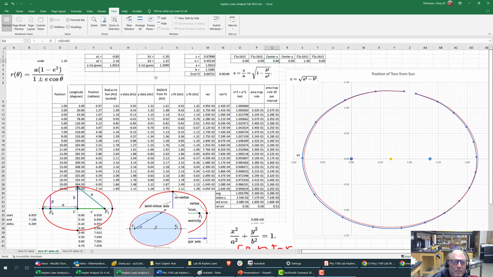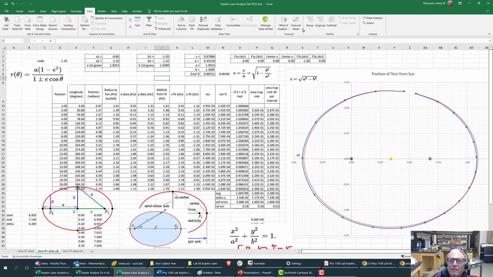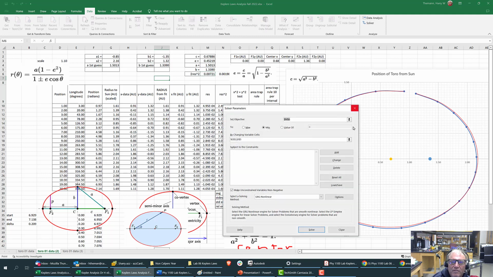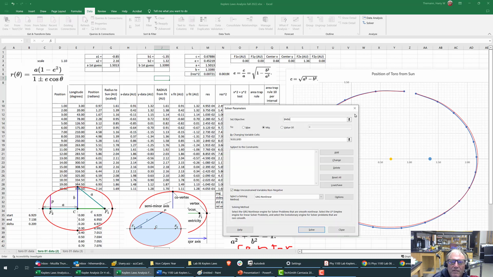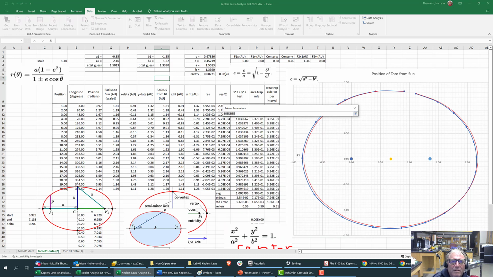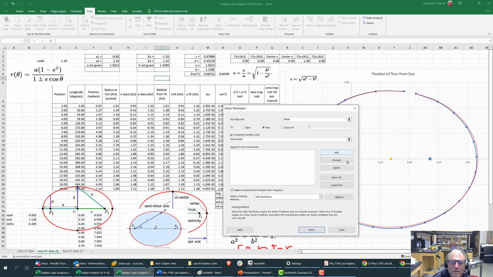Well, I'm jumping ahead of myself. All right, so now I got the fit. So now let's go to solver. And in solver, I want to minimize the sum of the residual squared. And now I just pick A and B there, and I say solve.